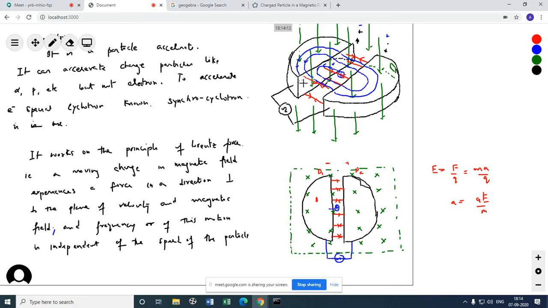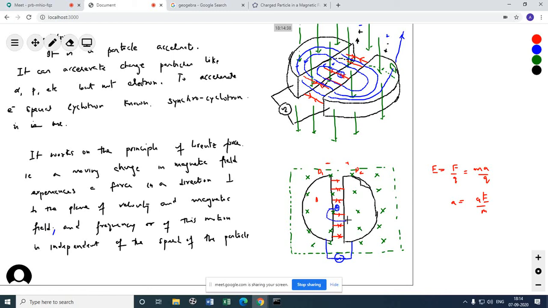At a certain point we want to collect it and use it in nuclear reactions, for bombarding some other element. So at that time we'll open the window and collect it from here. This will go towards a nuclear reaction. This is how an accelerator works. So I can draw it here now.